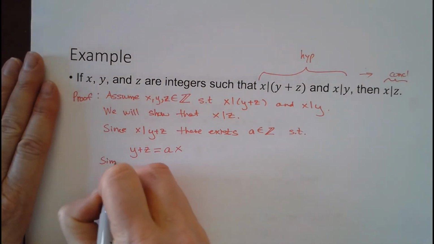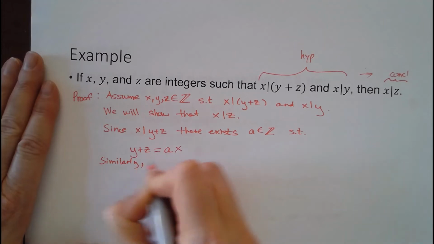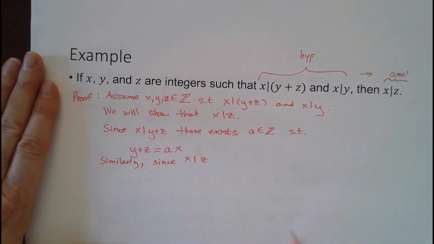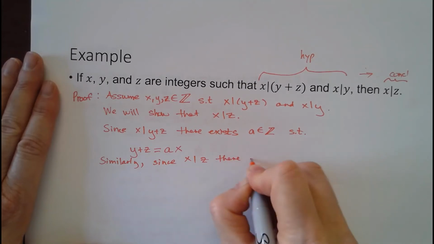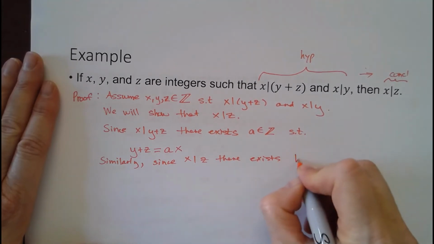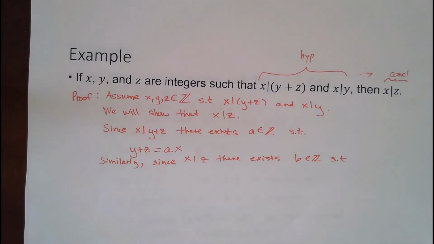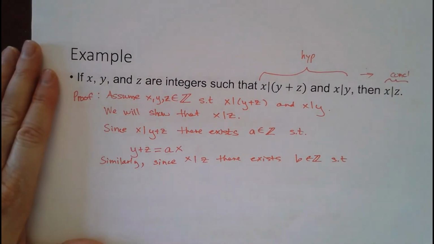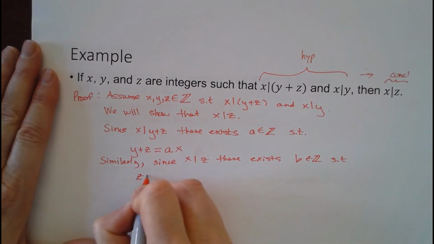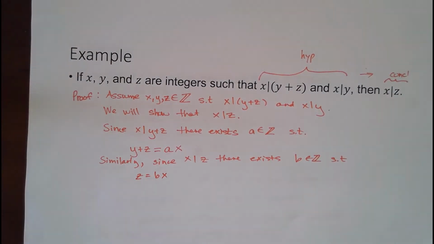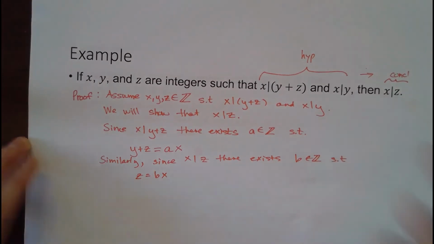I guess similarly, since x divides y, there exists an integer b such that, and this time we know that it's y equals that integer b times x. Oh, sorry, y.